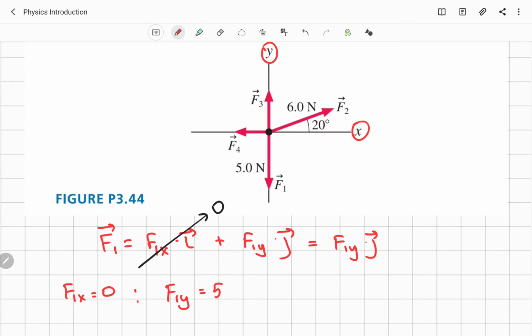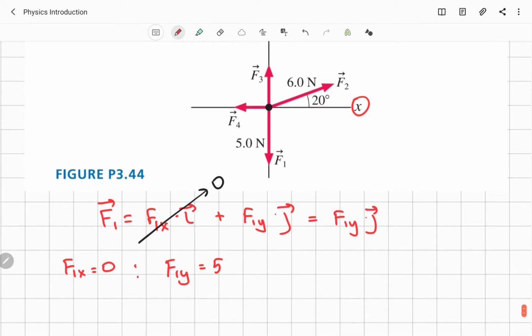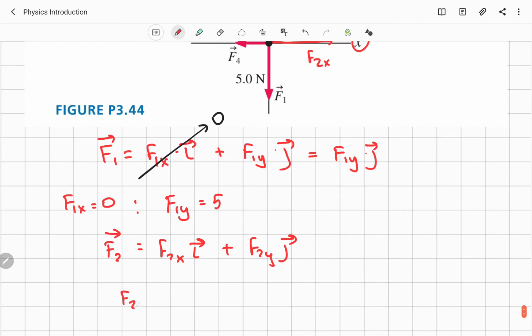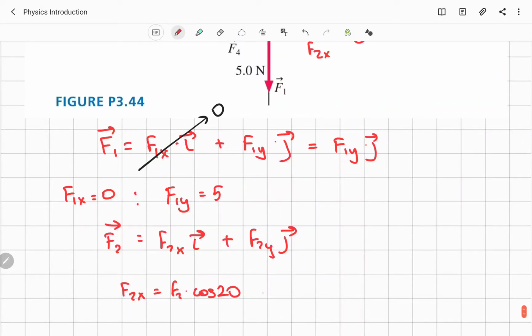The same thing we need to do for the second force. f2 equals f2x i plus f2y j. The second vector has an x component and a y component, and the angle is given, direction is given, so it's simple. We can do it quickly. f2x equals f2 times cosine 20, which is 6 times cosine 20.